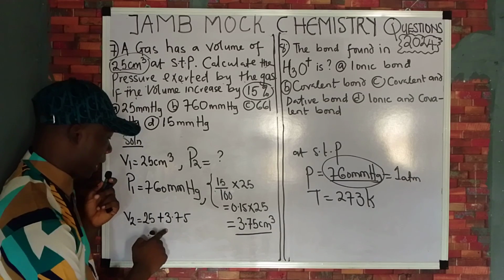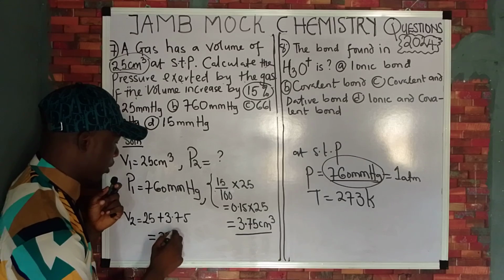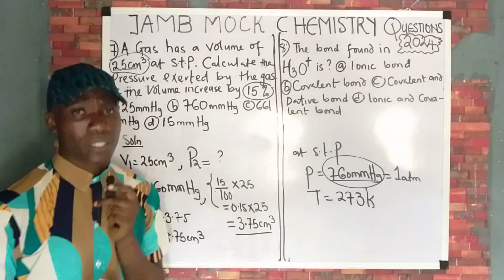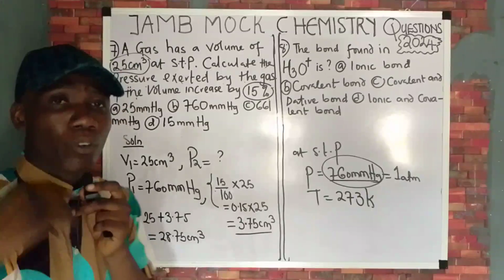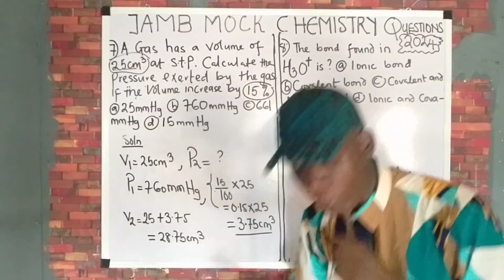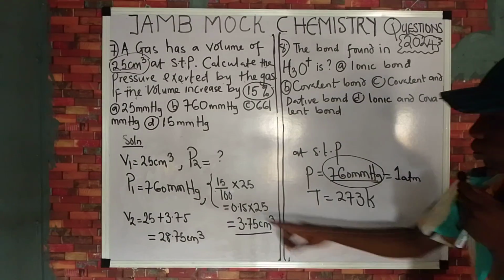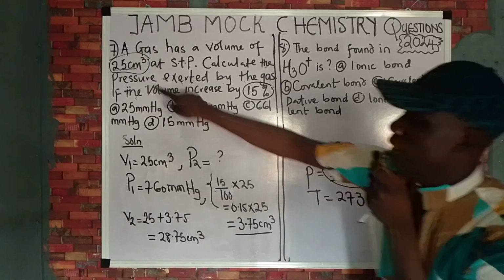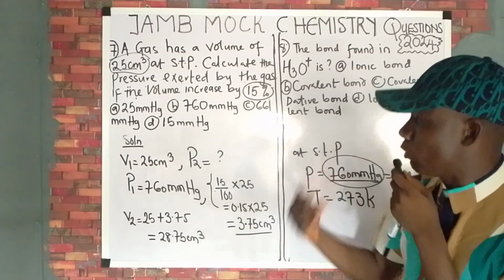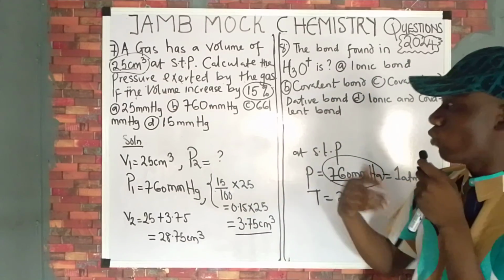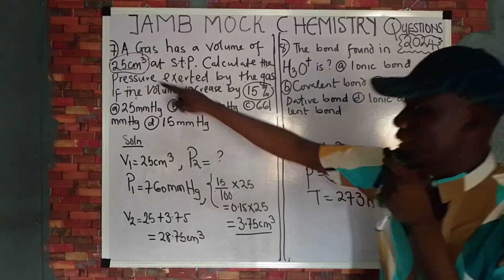If you add this together, you are going to get 28.75 cm³. Wow, this is interesting. If you cannot calculate the value 15% of 25, it means that you cannot solve this problem. So you must know that if you are looking for 15%, it is 15 over 100 times this. If you are looking for 30%, it is 30 over 100 times this. If you are looking for 12%, it is 12 over 100 times this.